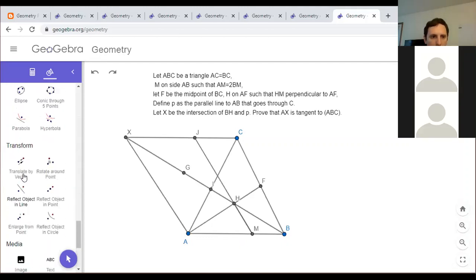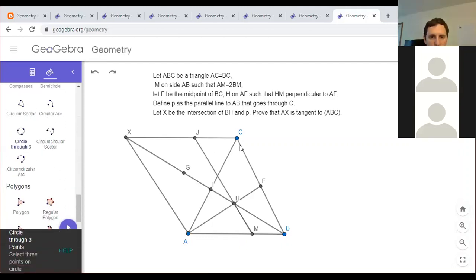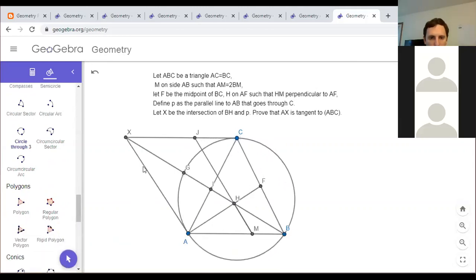Let me add in some stuff. You just have to figure out how to use all the different conditions.